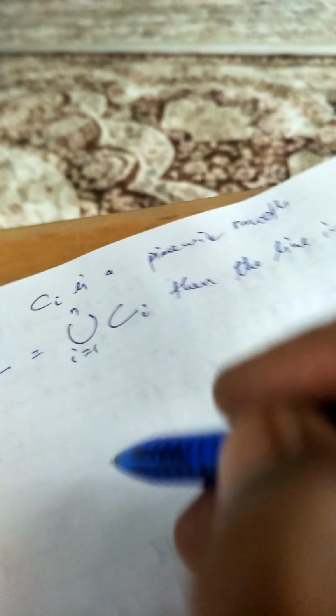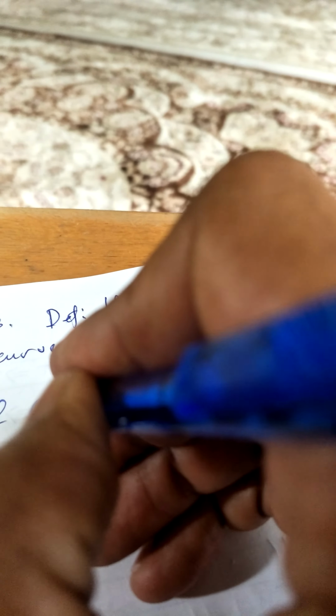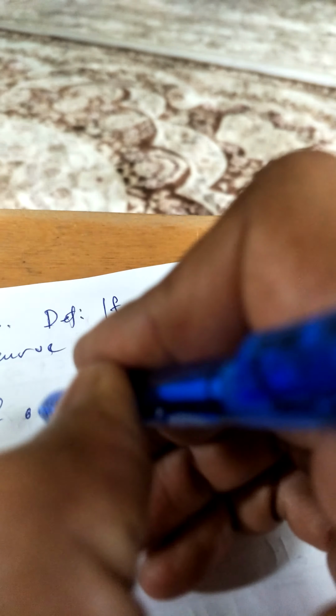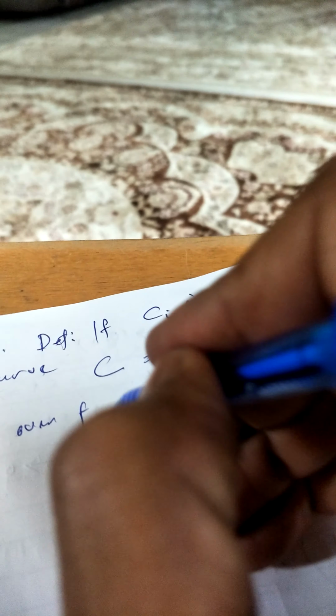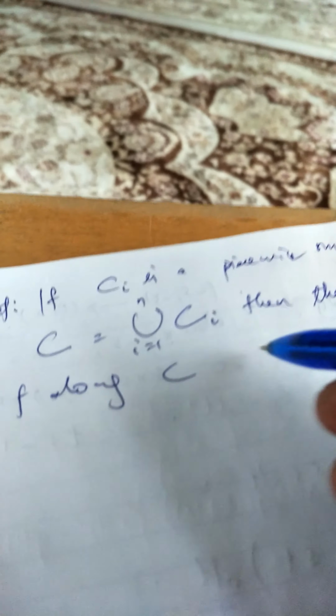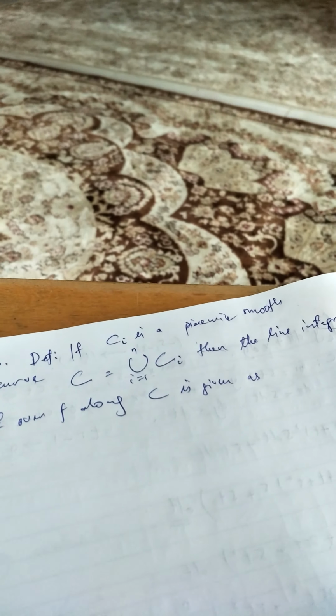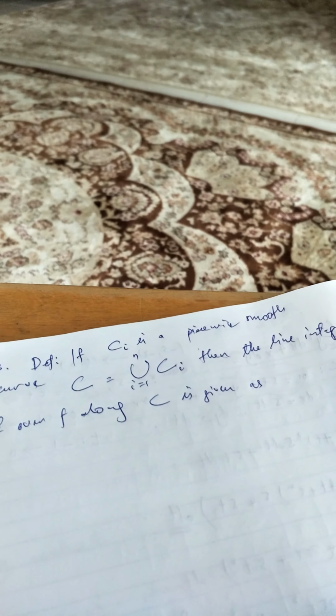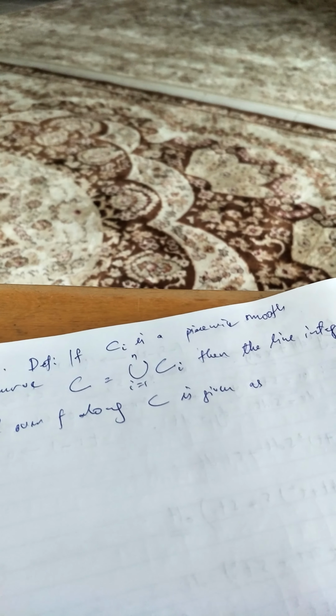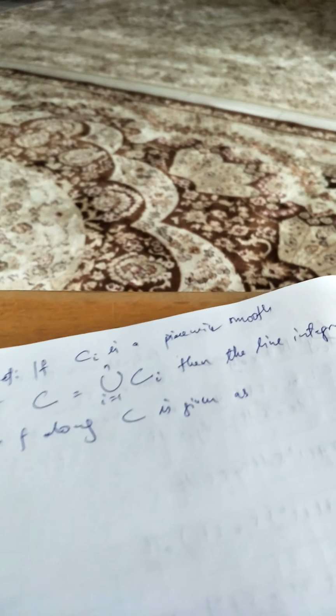then the line integral of f along C is given as follows. Each Ci is a smooth curve, and C is the combination of those.